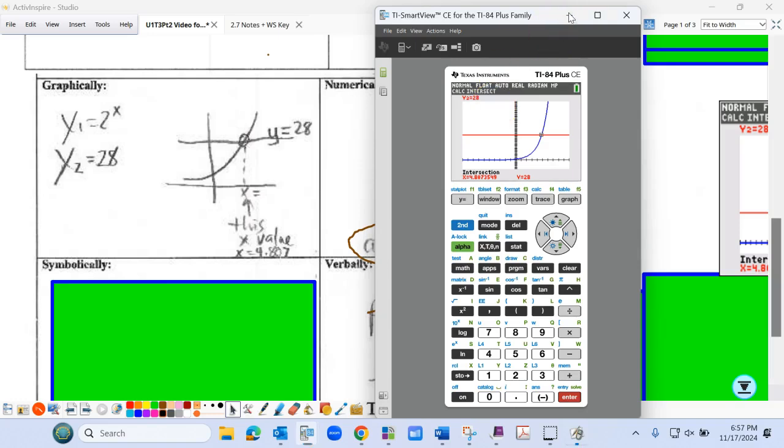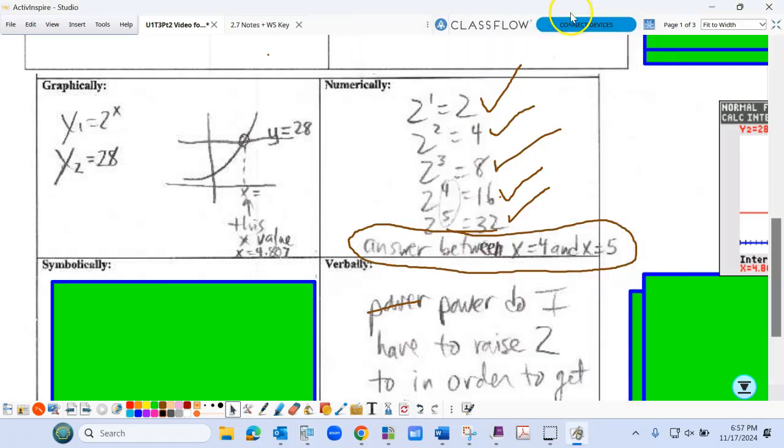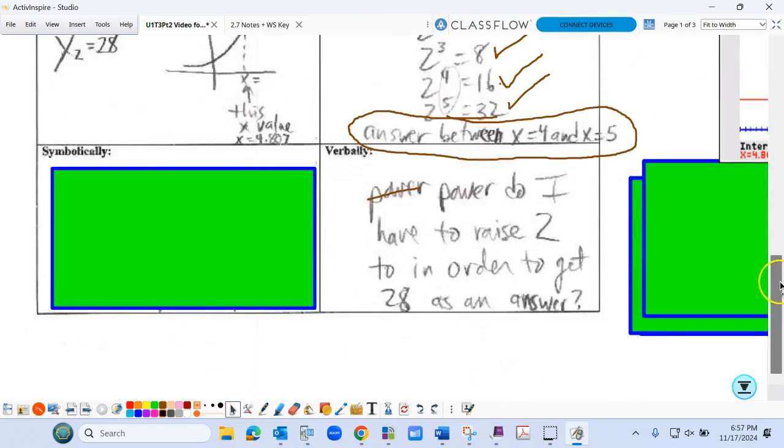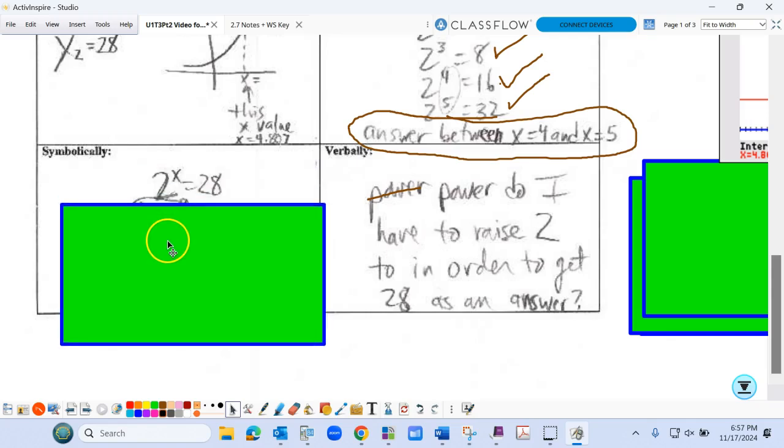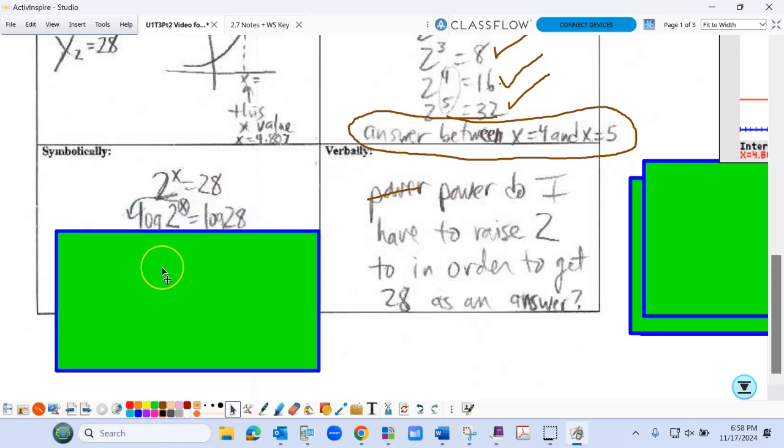Now we're going to use logs again to solve our problem because logs undo exponentials. So I'm going to have 2 to the x. I'm going to log both sides. Now, I know that log 10 is not exactly the inverse of 2 to the x.